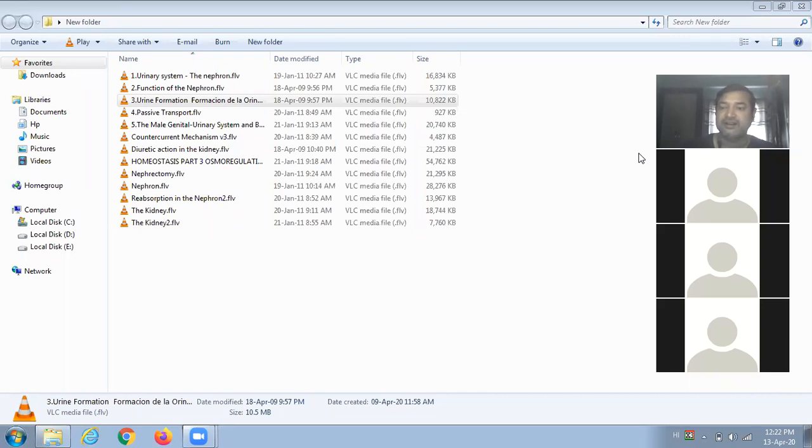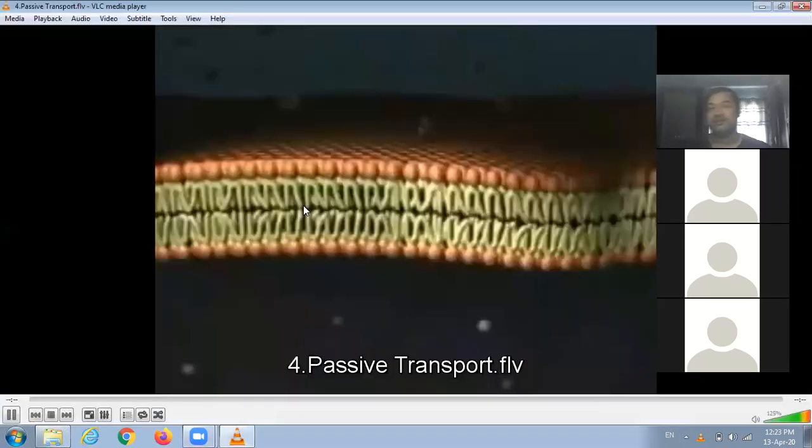The different ions and water, because there is the vasoconstrictor, the volume of the water remains low. So the other ions and the concentrates are collected and removed through the ureter. So this is the way that urine comes. The next video is regarding the passive transportation in the excretory system.